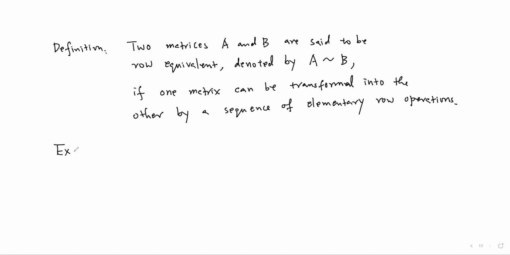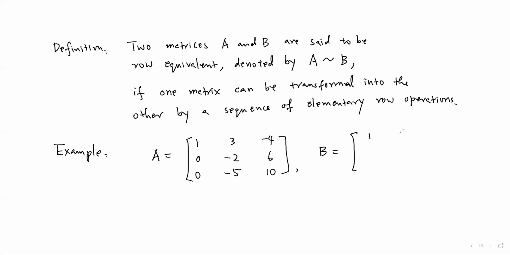For example, this matrix and this matrix, they are row equivalent.